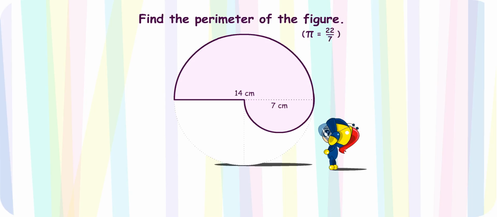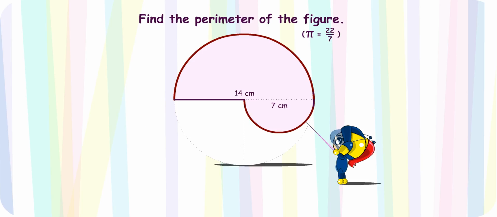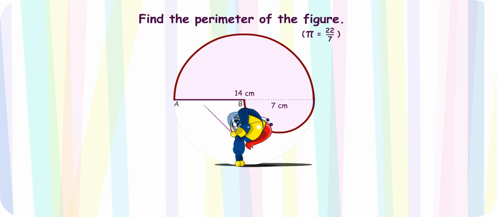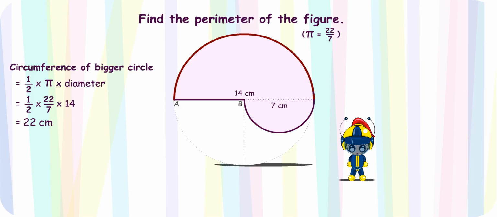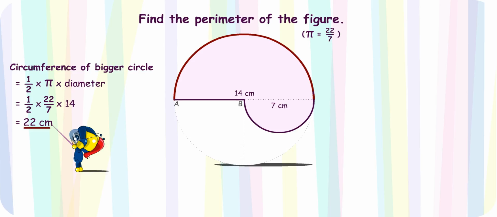I will try. The perimeter of the figure is made up of the circumference of the bigger semicircle plus the circumference of the smaller semicircle plus the length AB. The circumference of the bigger circle is half times pi times diameter, which is half times 22 over 7 times 14. It is 22 centimeters long.